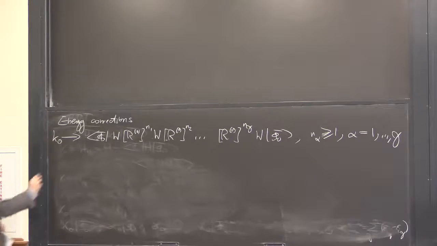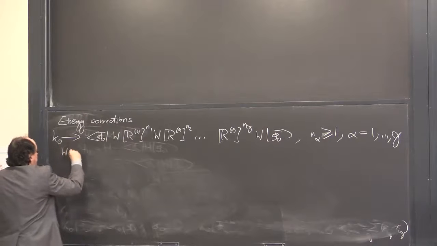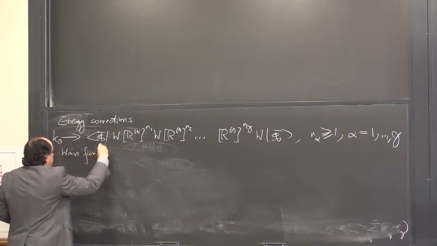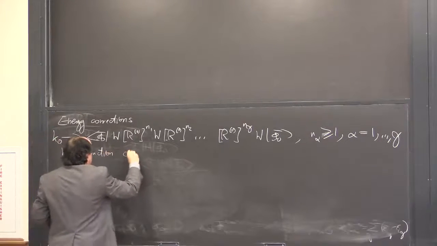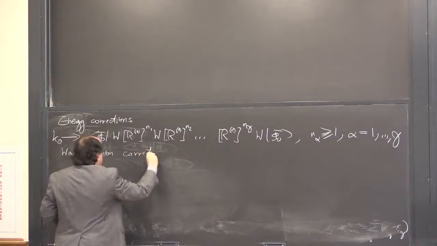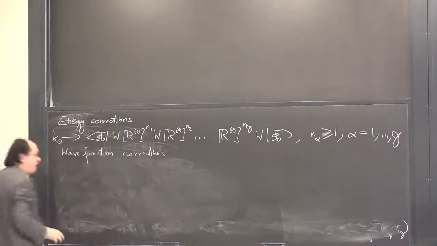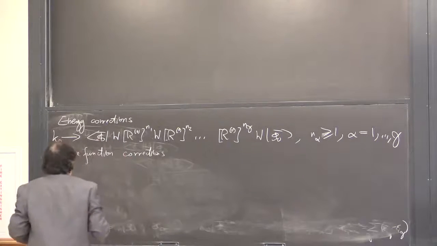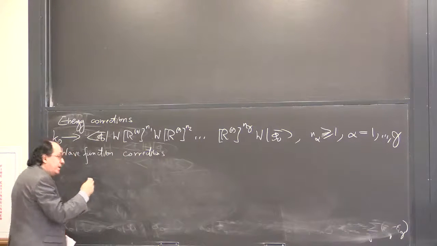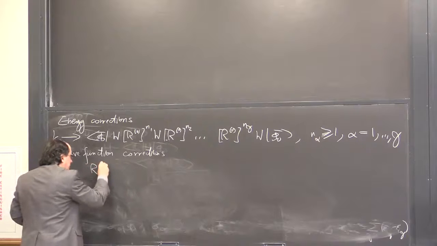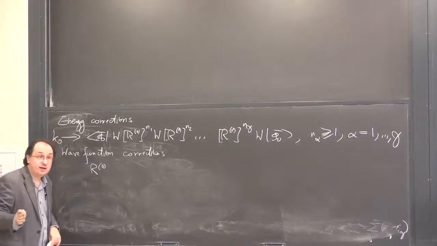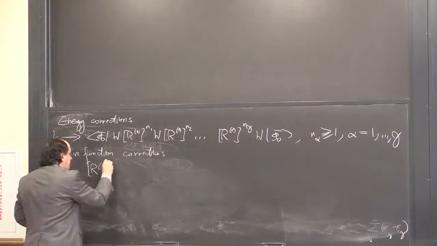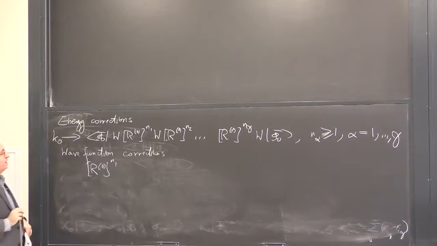Well, then we also have wave function corrections. So let's talk about them now. As you can see, there are still some examples. We always have the first term, the resolvent, which is either in the first power or in some higher power, so I'm going to put power n1 to be more general.